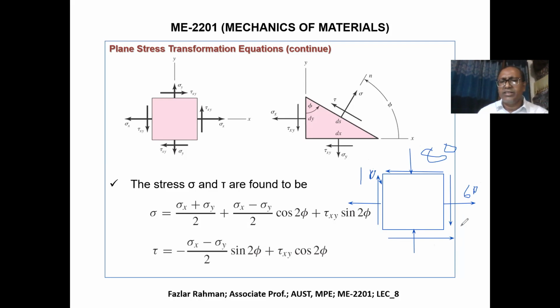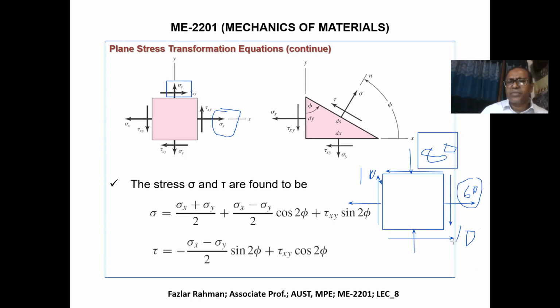Obviously both will be the same 10. So in that case, sigma x will be how much? Sigma x equal to positive 60. If I put the unit megapascal, it will be positive 60 megapascal. Sigma y is downward, right? You'll say sigma y equal to minus 80 megapascal.